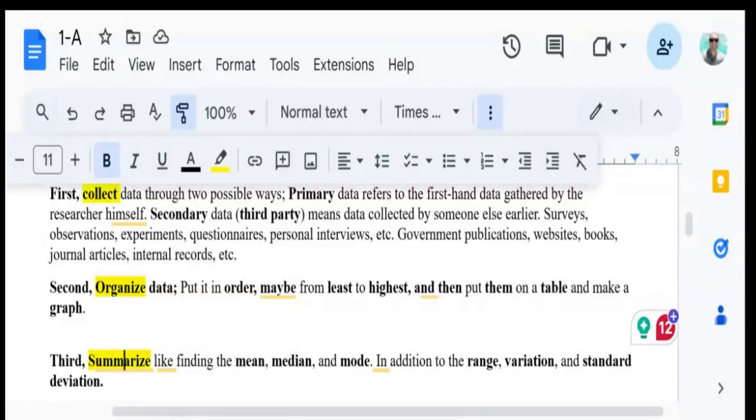So how can I summarize the data? Mean, median, mode, range, variation, and standard deviation. Is this clear? Yes. So there are many ways we can summarize the data. There are other ways as well. We will learn other ways besides those.